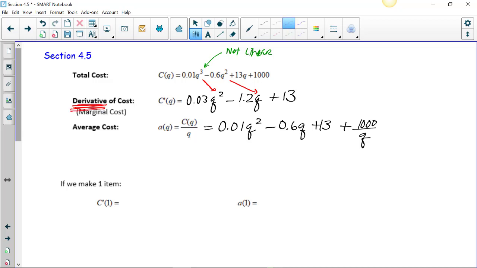In the average cost function, my powers decreased by 1, but that's because I was dividing out a q. So the powers here decreased by 1, but I was not taking a derivative.